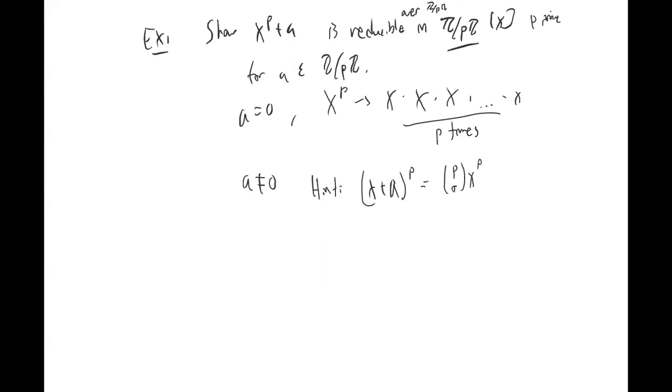It's x to the p plus ... plus p choose p, a to the p. But all the middle terms are 0, because p choose 1, p choose 2, and so on have a factor of p in them, and over Z mod pZ, that's 0. So the first and last coefficients are 1, and this is x to the p plus a to the p. Does everyone agree with this?